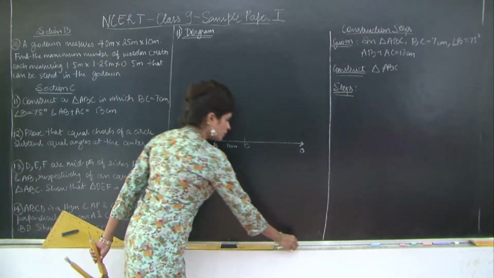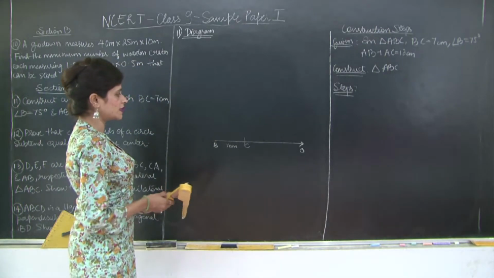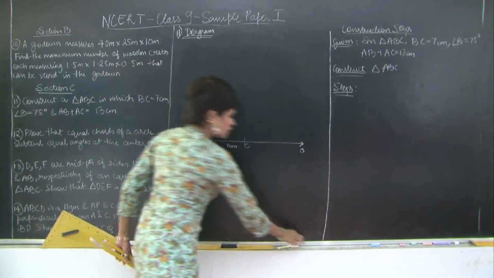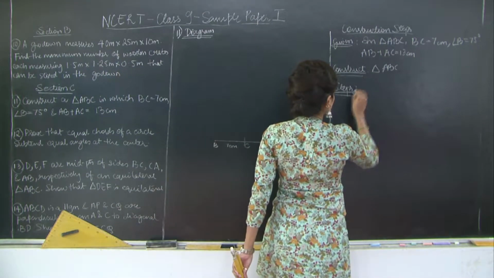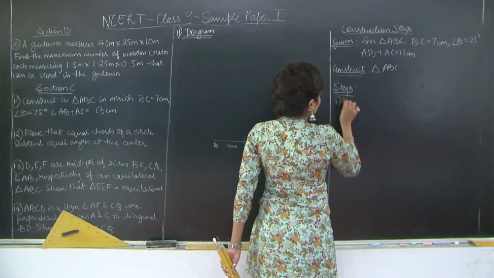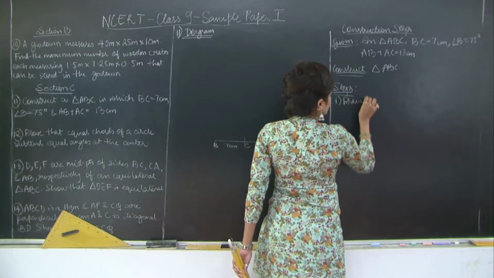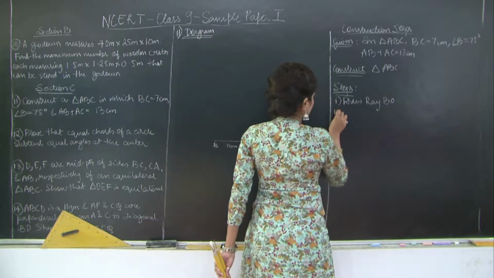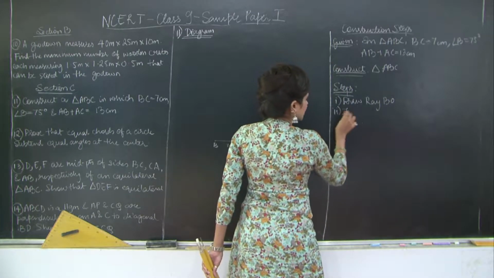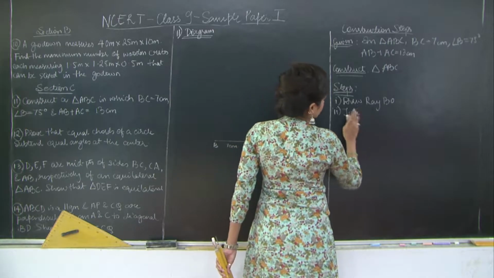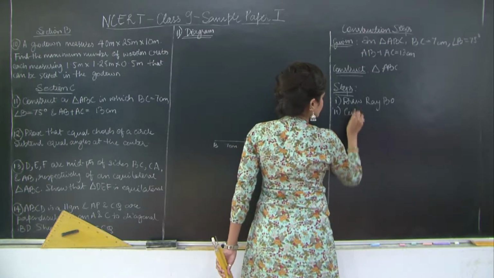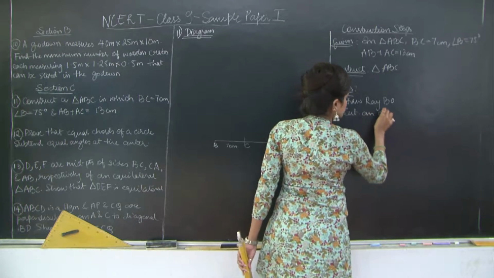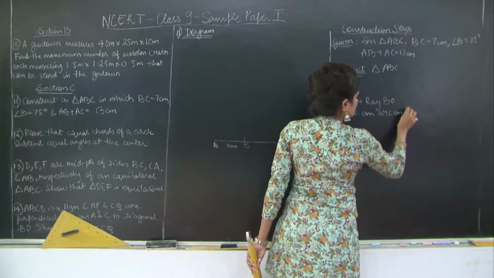Alright, so let's do the construction and the writing at the same time. So first step will be: draw ray BO, cut an arc on BO.